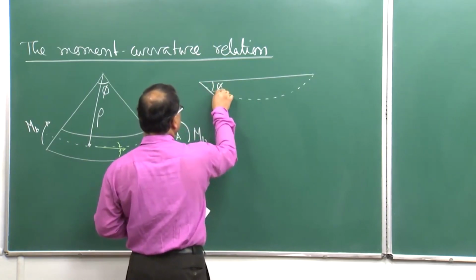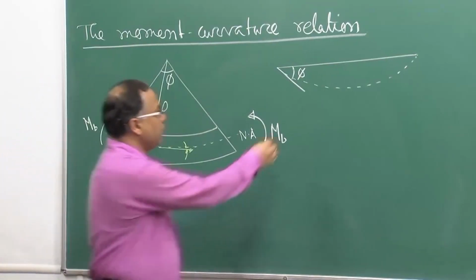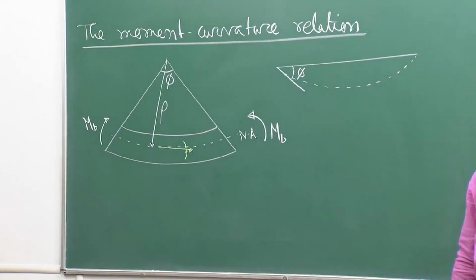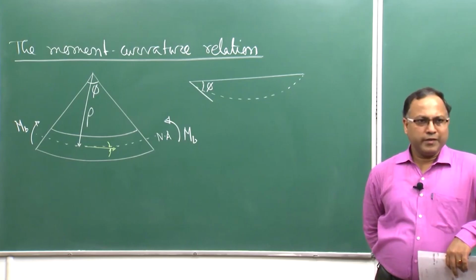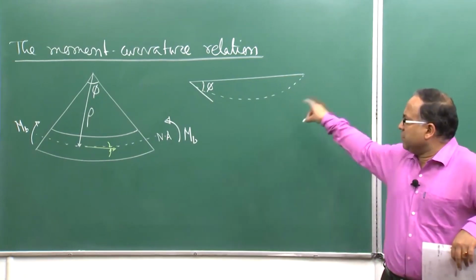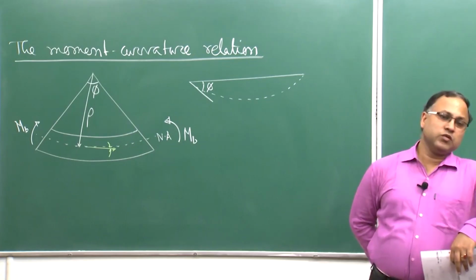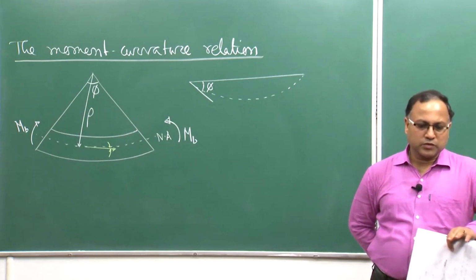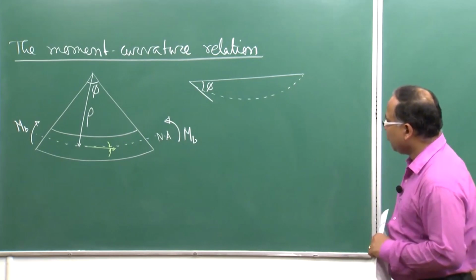At any point on the curved line, you can find out the slope, and that slope will be varying at each and every point of the beam. We can derive some relation by which we can find out the slope at each and every point.